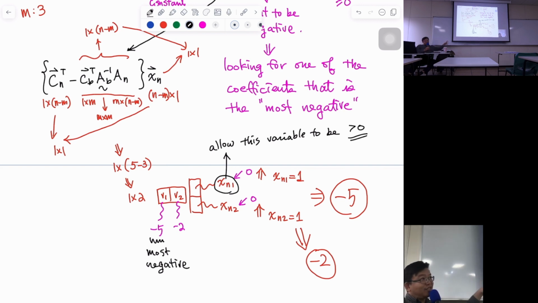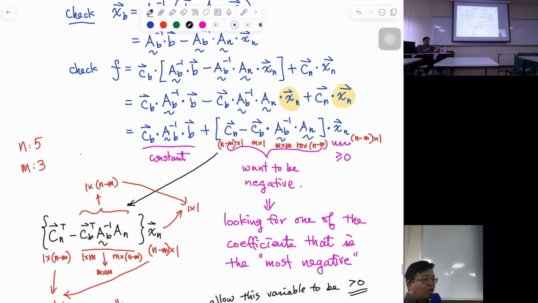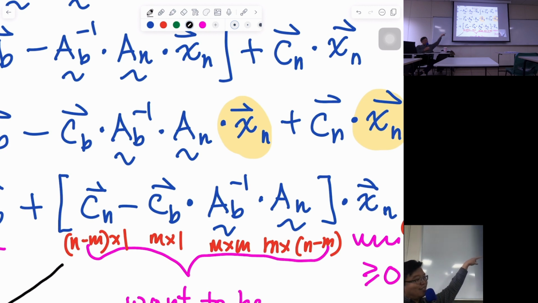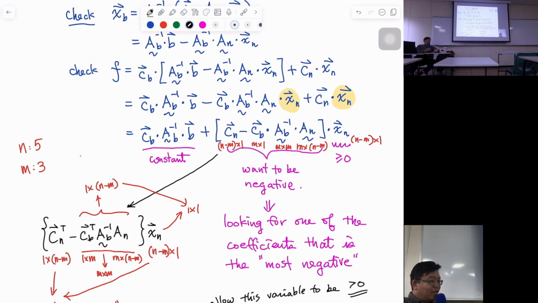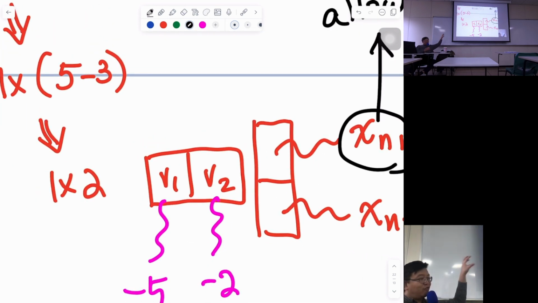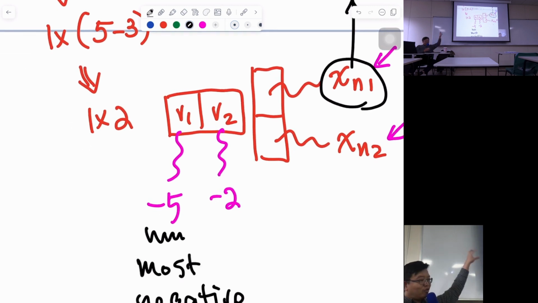The idea is like this. Later on, when I show you how to do the iteration, I'm going to check this chunk. In this example, you will see a horizontal vector with multiple numbers, and inside this horizontal vector, I'm going to choose the most negative one.